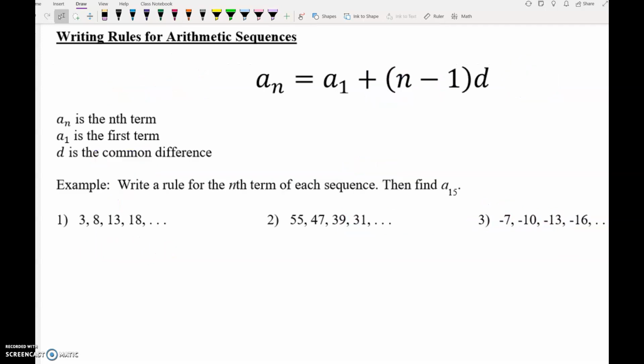This is the formula for writing arithmetic sequences. Remember, a sub n means the nth term. A sub 1 means the first term. N is the variable that you're going to leave in there. N is kind of like our x. And D is the common difference.